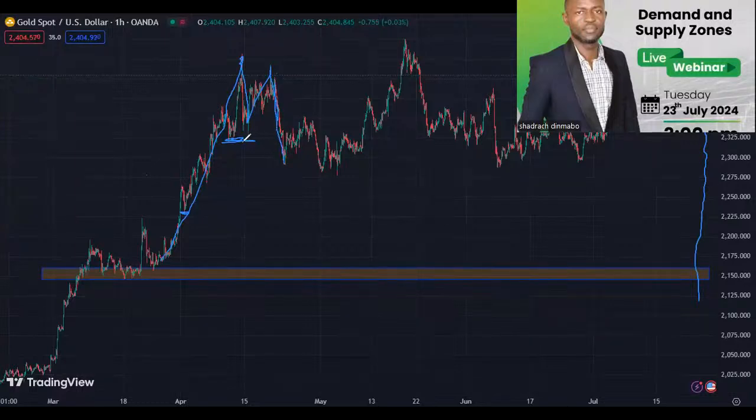So this low is no longer a valid demand zone. It came again, pushed, and broke this other low again. So this low is no longer valid. It's an invalid demand zone. And then it came down to this particular point and pushed on.